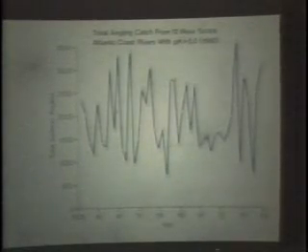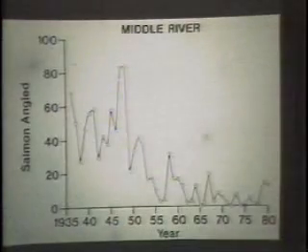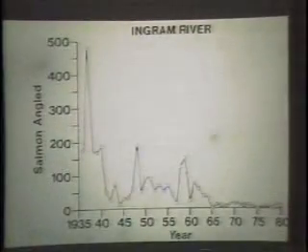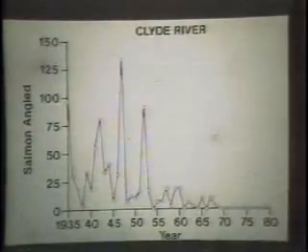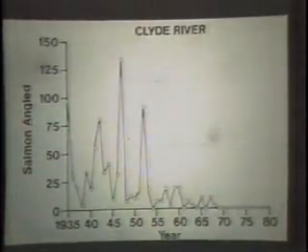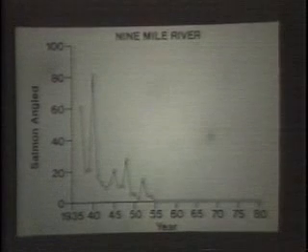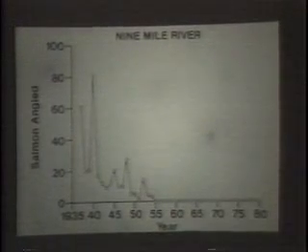As soon as you look at rivers that are of pH lower than 5, you see a dramatically different picture. Everything has dropped. And some of them, the runs are now extinct. There's nothing left.